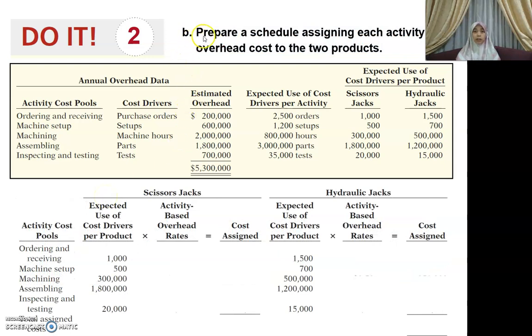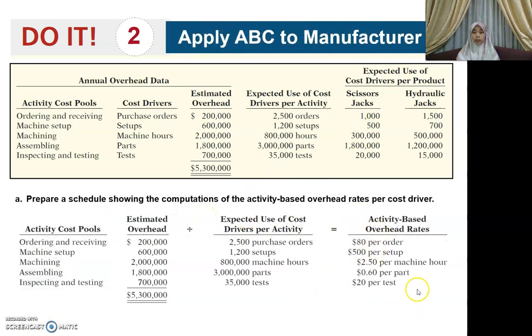Part B of the question requires you to prepare a schedule assigning each activity's overhead cost to the two products. You have already identified the rates. Then you can use the rates to calculate for each of your products. So let's say you are taking scissors jacks, that will be 80 ringgit per order times 1,000 orders.